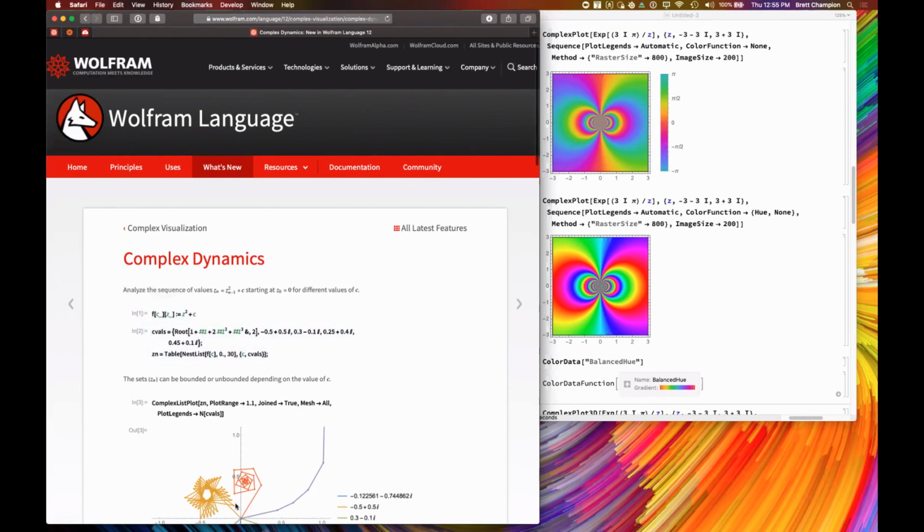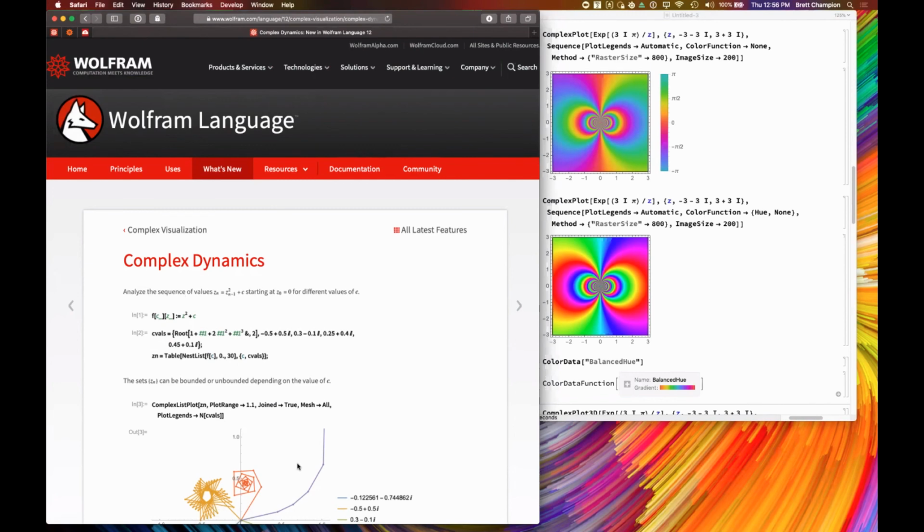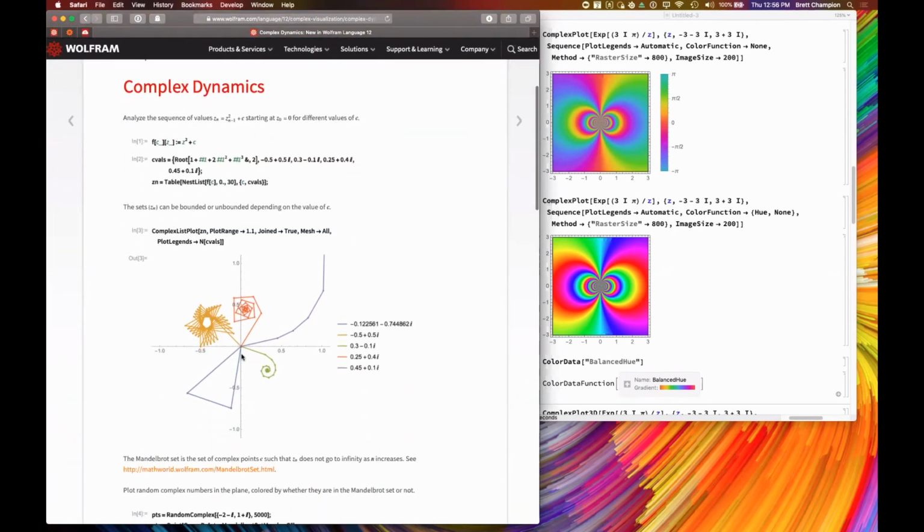We can see those two behaviors right here. This point is going to go out to infinity and just keep going. These two are converging slowly to a fixed value. If you choose your point carefully, you can get it to cycle. That's what this root object is here, a very carefully chosen point, so that after every third step the point repeats itself, it just goes in a little triangle again and again and again.